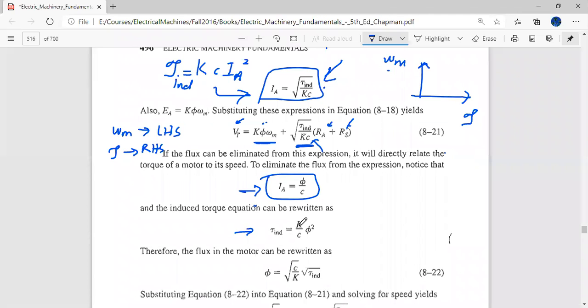that torque induced is equal to this expression. And how I got this expression is because I know torque induced is equal to Kc Ia square. Okay, Kc Ia square, I know this.